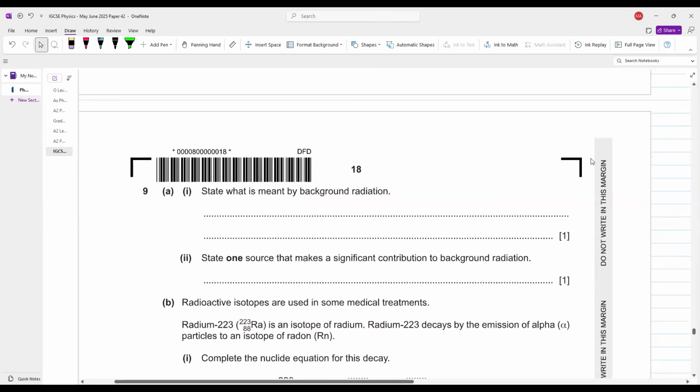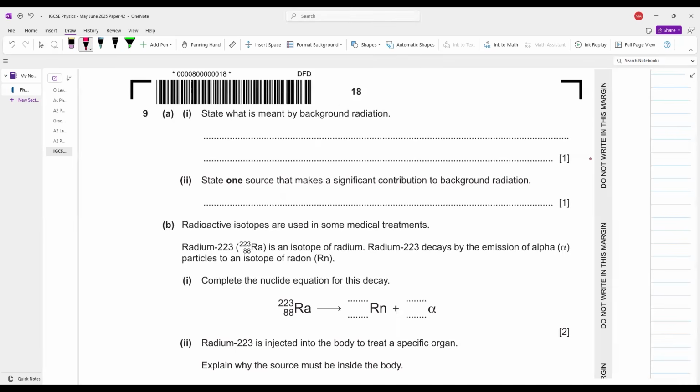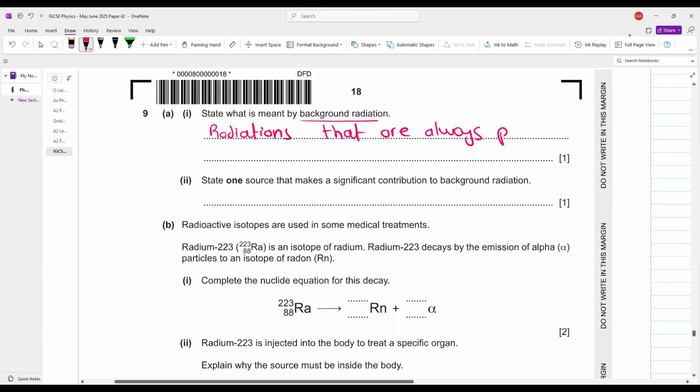State what is meant by background radiation. Radiations that are always present in the environment.